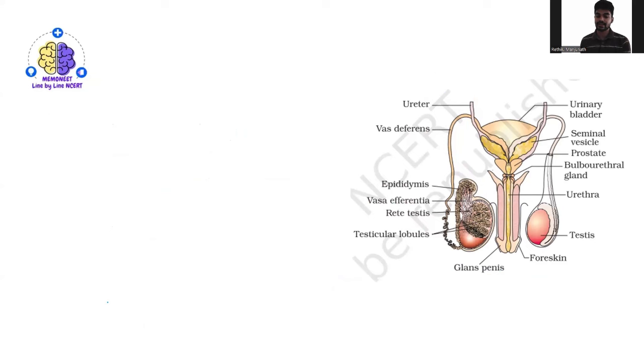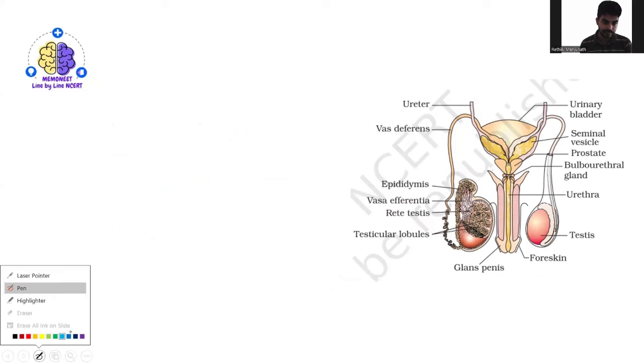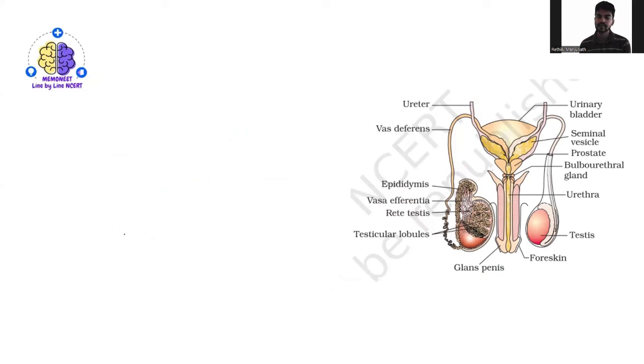Moving to the next, which is a more detailed discussion. When I talked about 250 compartments, together we call them testicular lobules.